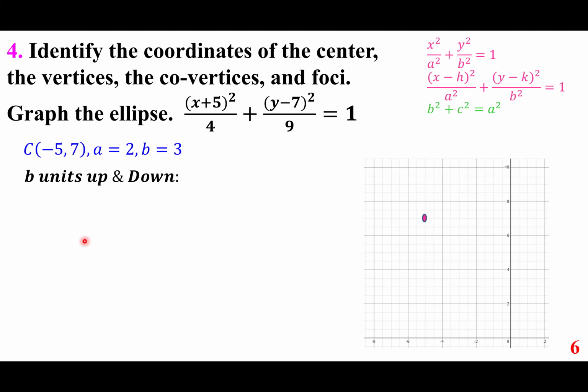We're going to go down: 7 minus 3 is 4, minus 5, 4. Up, down, and there you have it. So vertices are located at minus 5, 4, and minus 5, 10. It should be very straightforward, everybody.